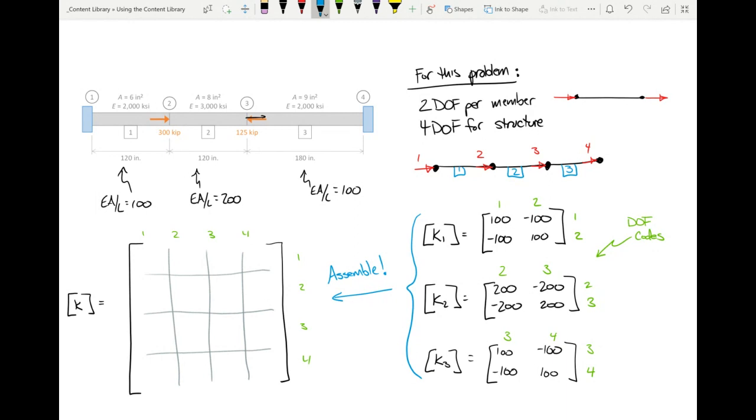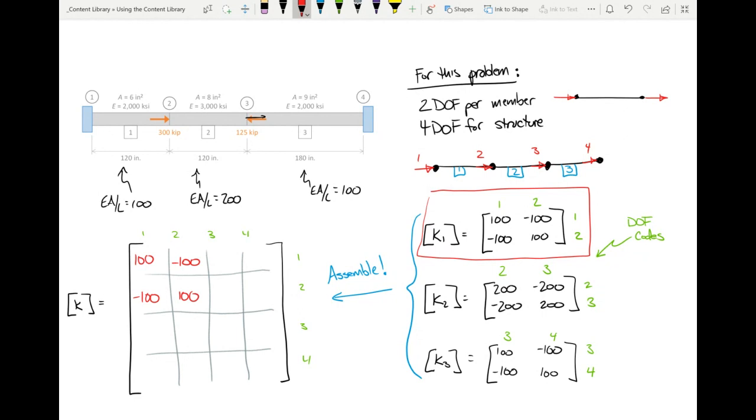So let me show you how this works. Let's take this K matrix. See how the codes are like 1, 2, 1, 2? So I put those terms where they go inside the stiffness matrix.